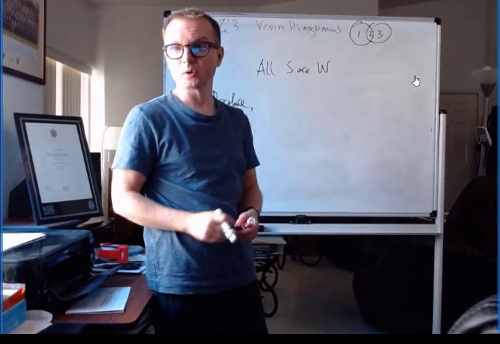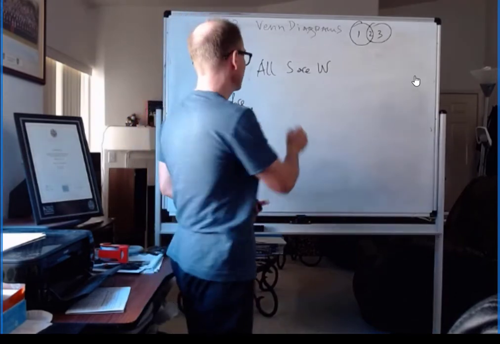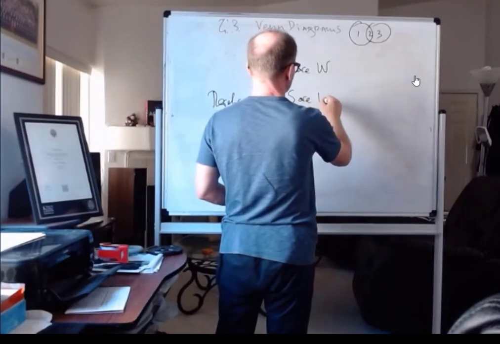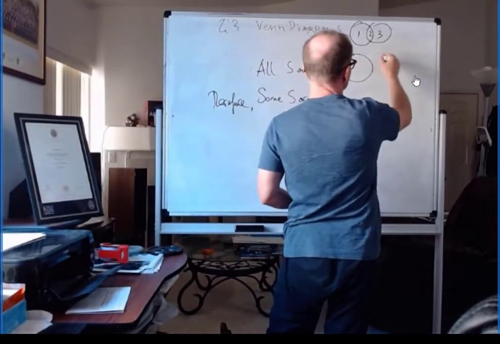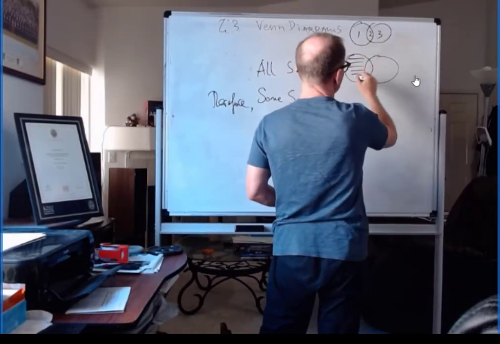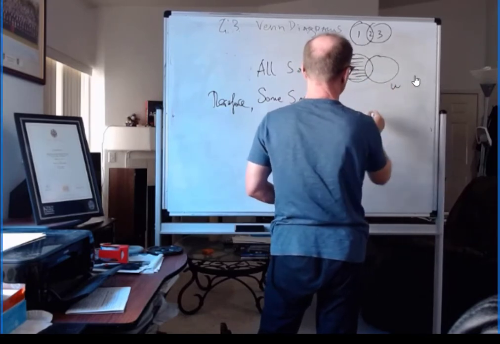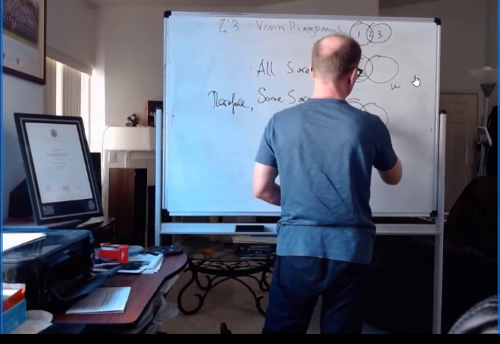And the conclusion from that: some smartphones are wireless devices. So the top one looks like this. The bottom one looks like this.